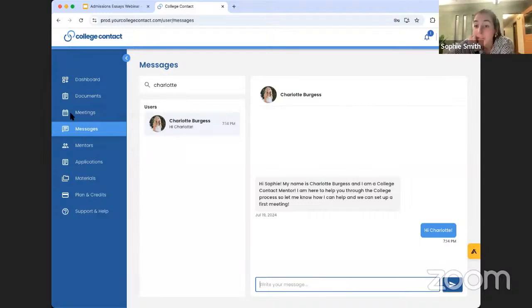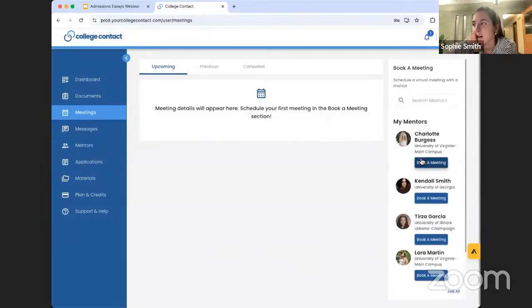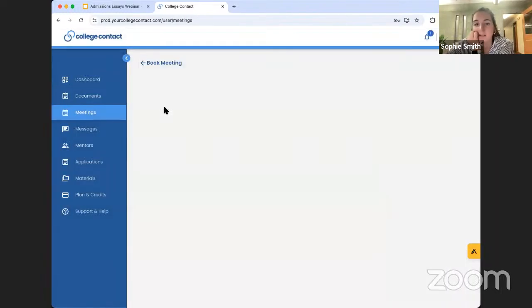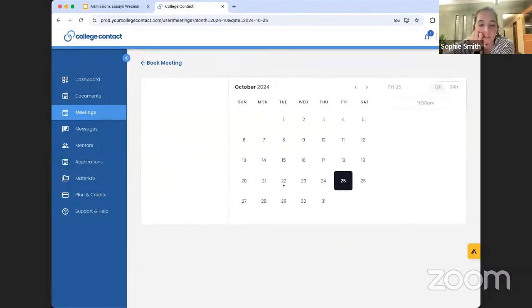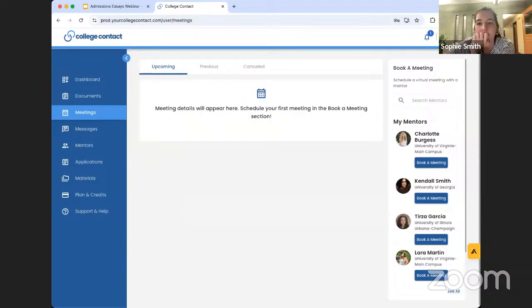So you guys can text with the college students. That's free. If you want to book a meeting with them, you would just go back to your page and you can book a meeting whenever you're free and you guys can start working on your college apps. So like she's free on Friday at 11 and I can book a meeting, click confirm, and I'll meet with her at 11 on Friday.